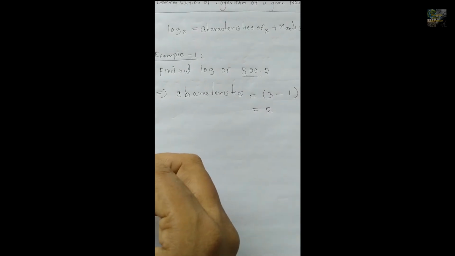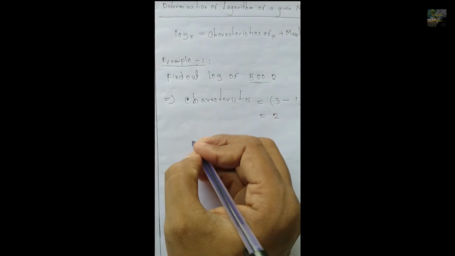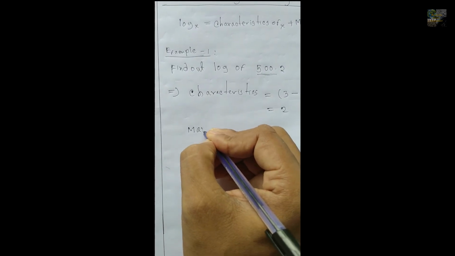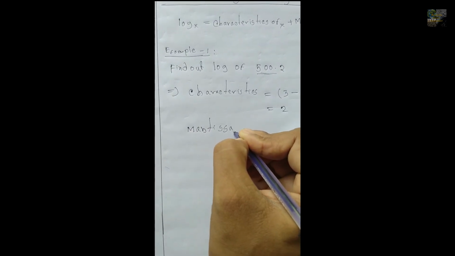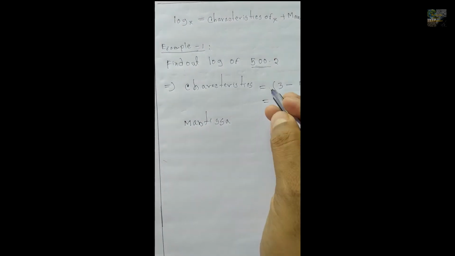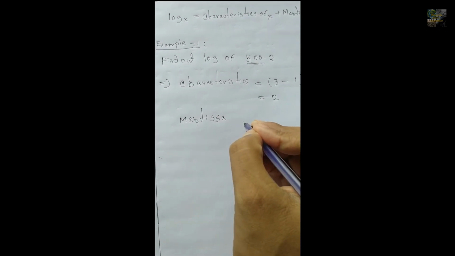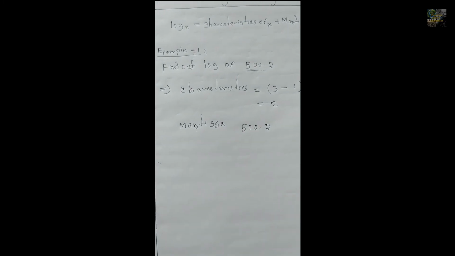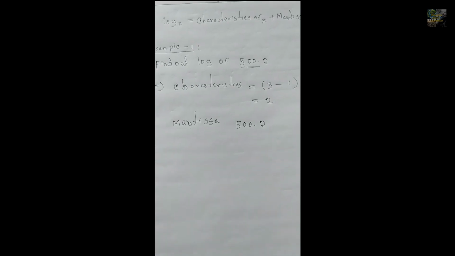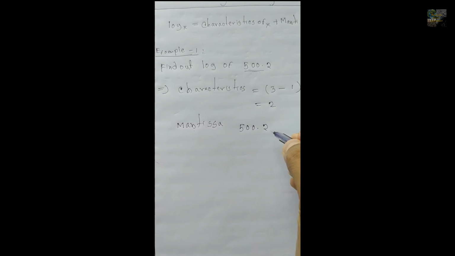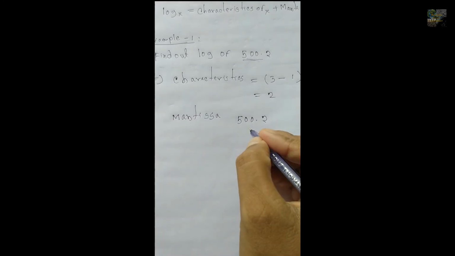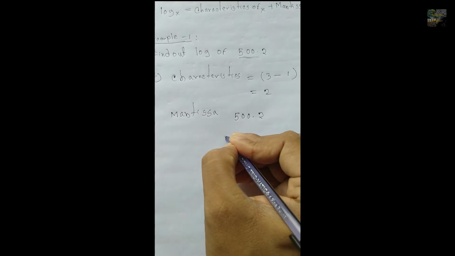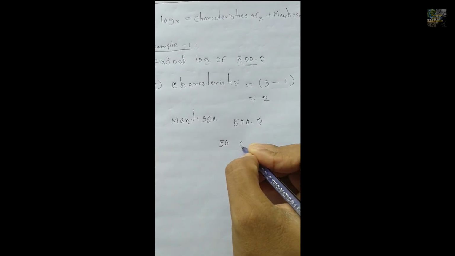Now I am going to calculate the mantissa. To calculate the mantissa, I have to write this value 500.2 and find the mantissa from the standard log table. Before that I have to write this 5002 digit in 3 formats, that is 50, 0 and 2.